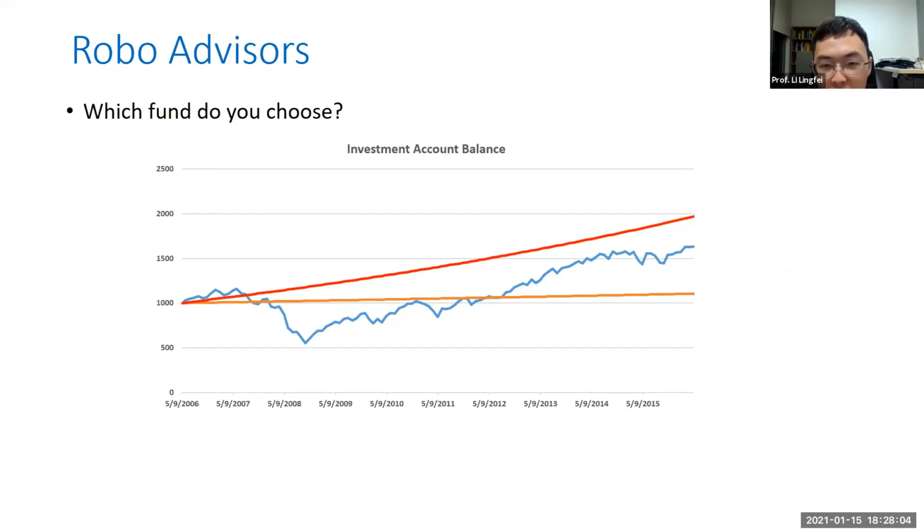The red one basically has no risk, but it grows very fast. It provides you with high returns. But this is not realistic in financial markets.